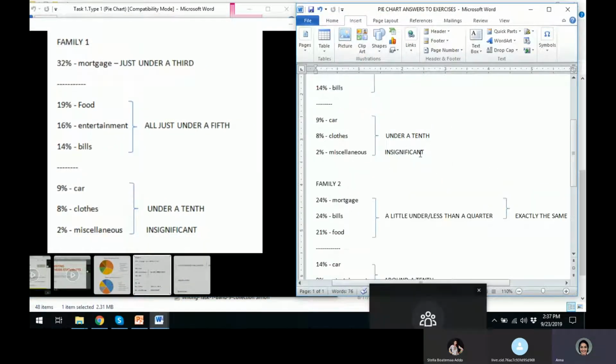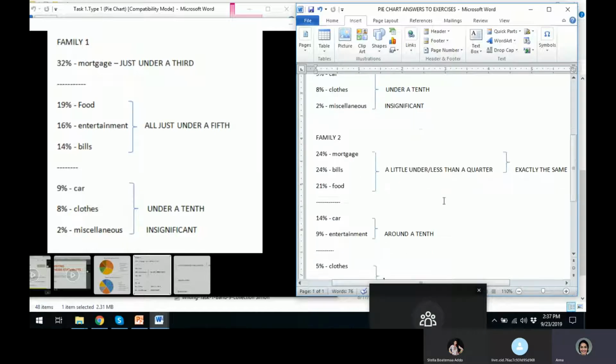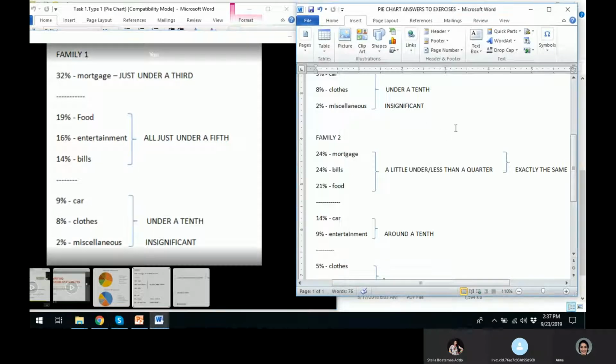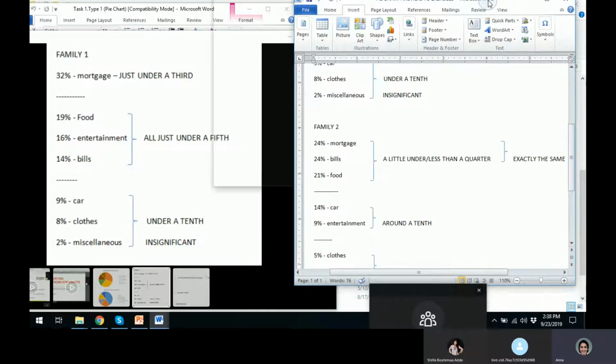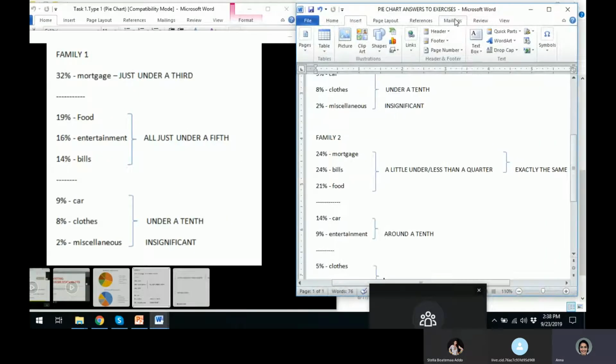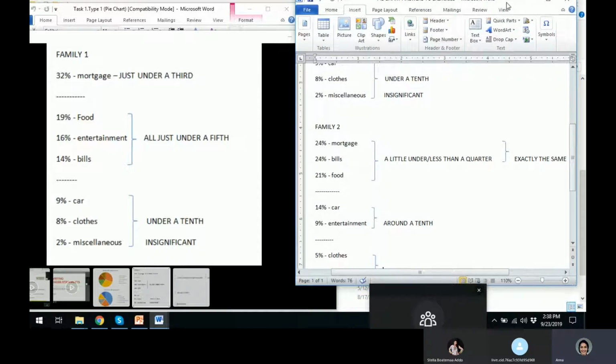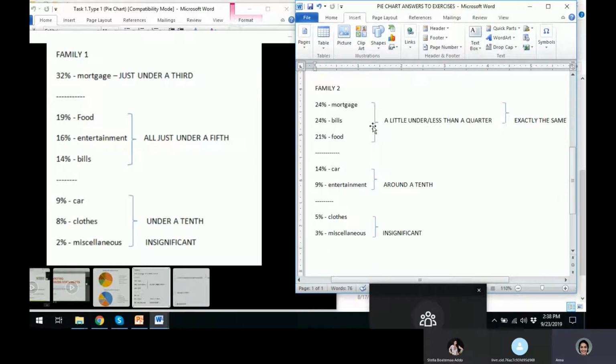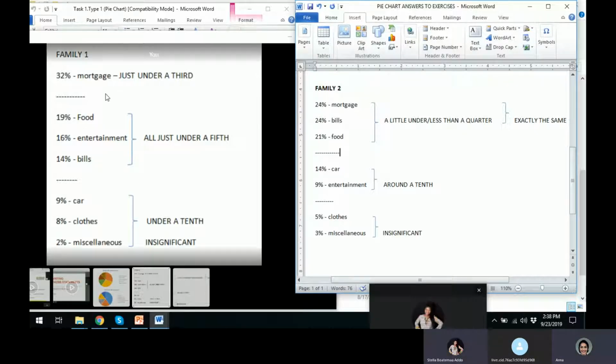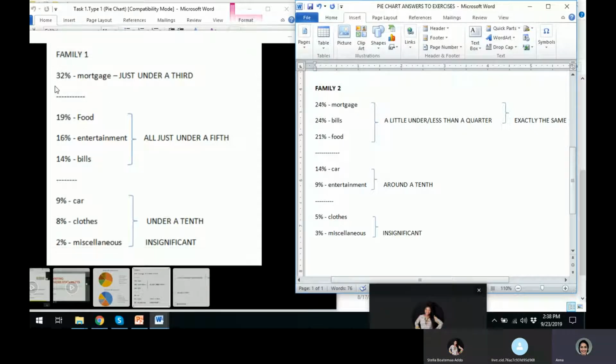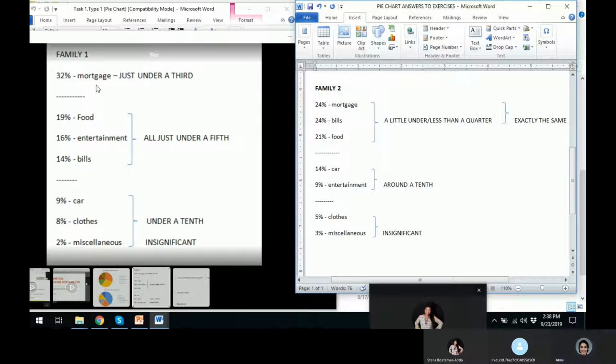Where is family two here? Let's compare. What can you say about family one's budget versus family two's budget? What can you say about their treatment of mortgage?